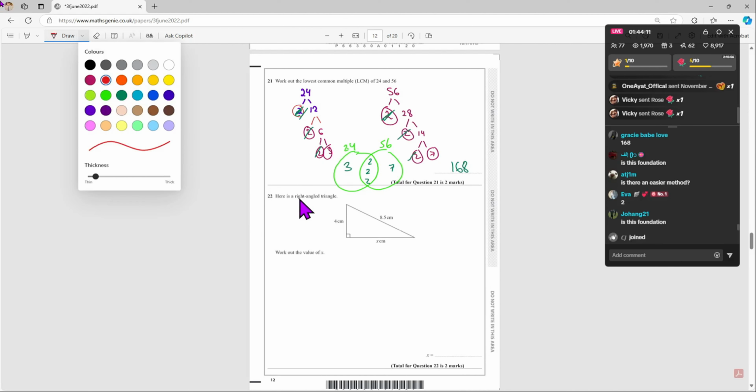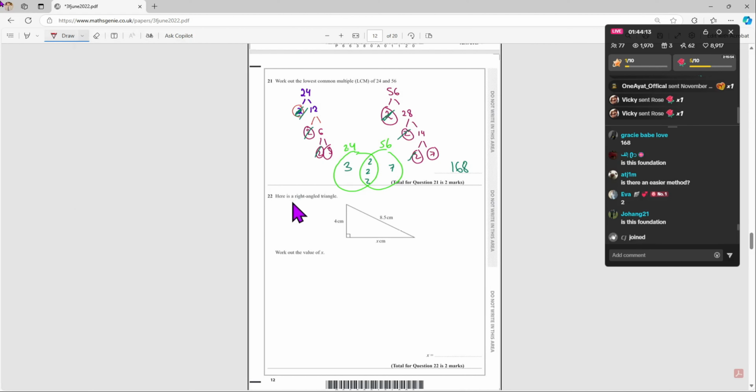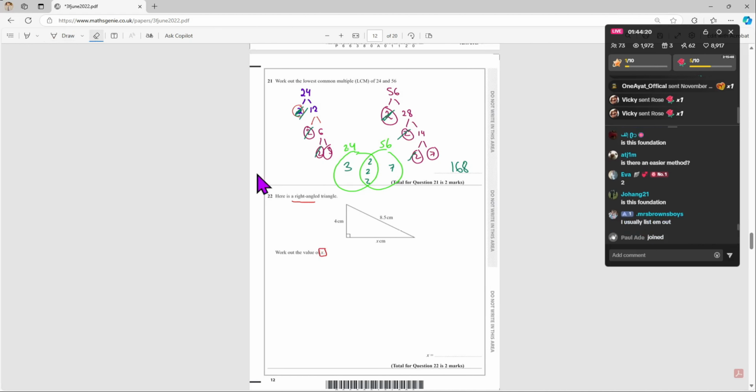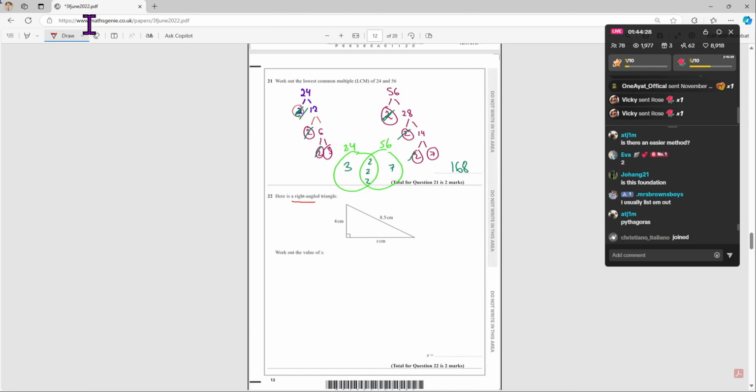So now we have a right angle triangle. We need to work out the value of our x. You guys were remembering Pythagoras theorem. So here we have Pythagoras theorem, the easiest formula you could ever remember.